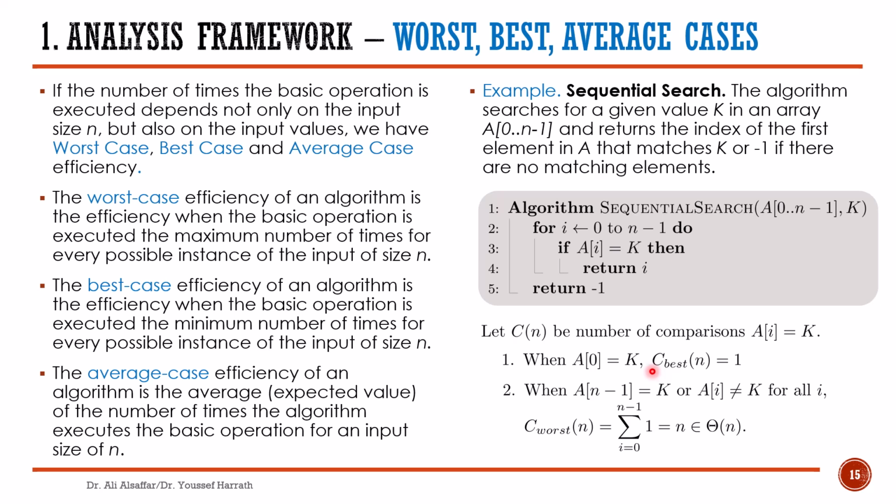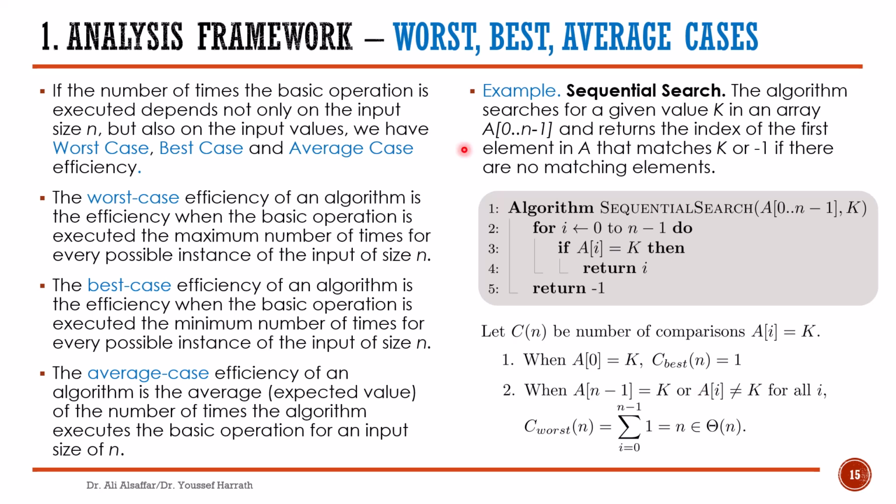And this can be mathematically represented as a summation of 1 that goes from 0 to n-1. In the summation, if 1 is added from 0 to n-1, that means it is added n times. And this is equal to n. So therefore, Cn for the worst case is equal to n, which belongs to big theta of n.